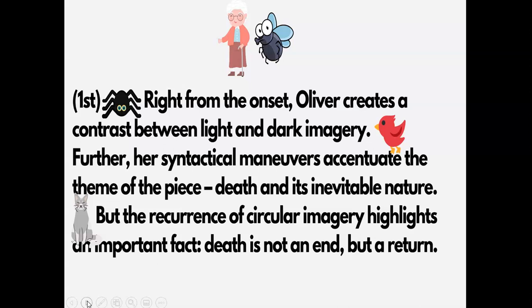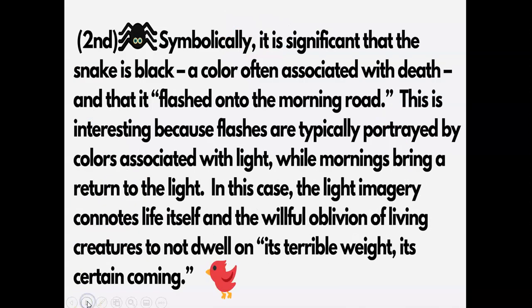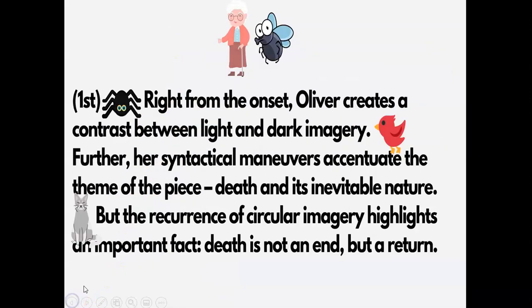As we move to the second premise, which is the fourth sentence, I tell my students, get quoting and paraphrasing. Since you dropped the spider first, you have to go to the spider and get yourself a quote or a paraphrase that corresponds to that. So look at what we talked about here: the contrast in the light and dark imagery.